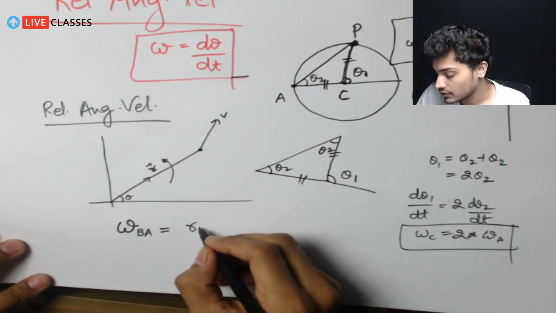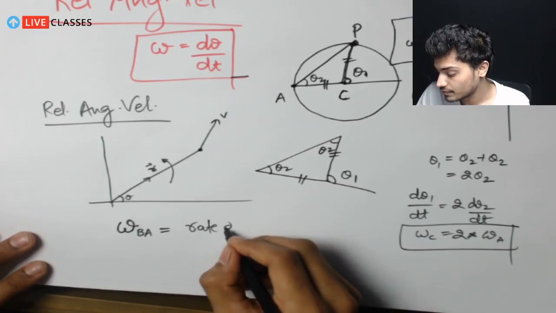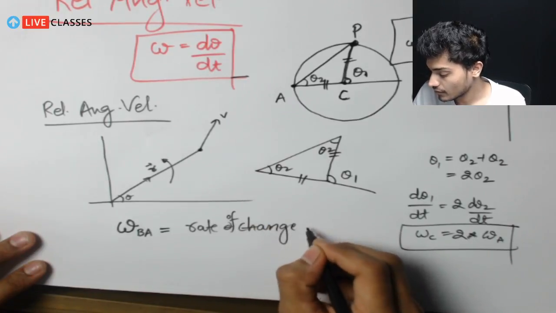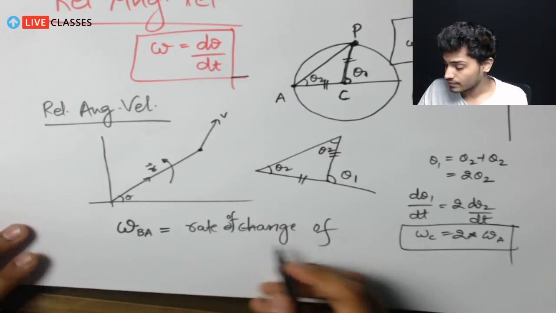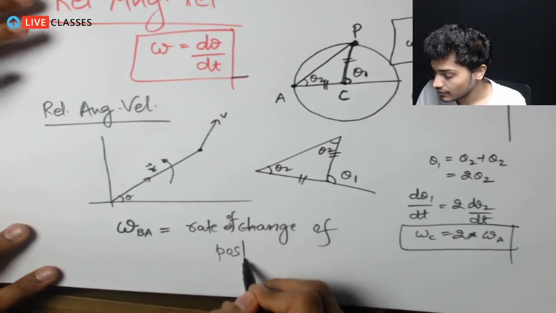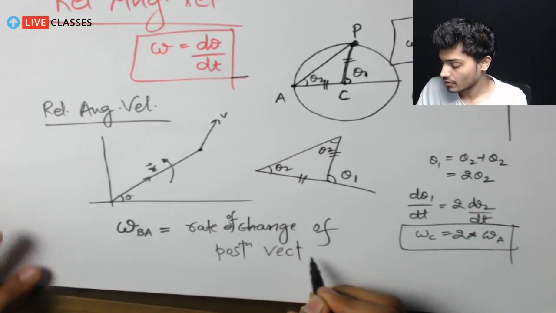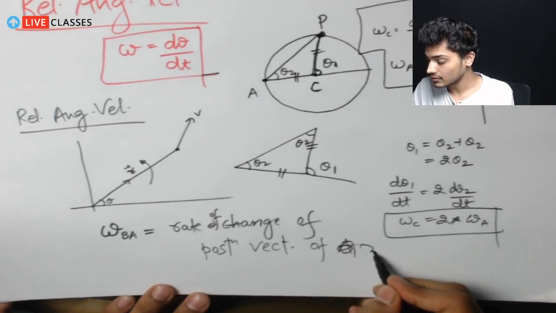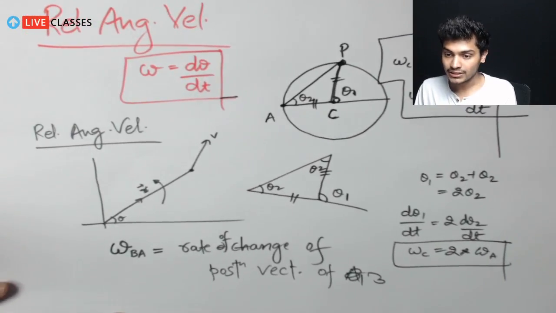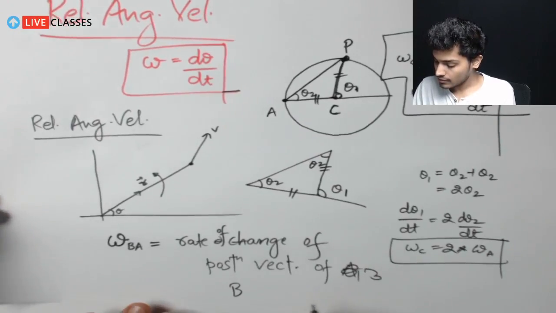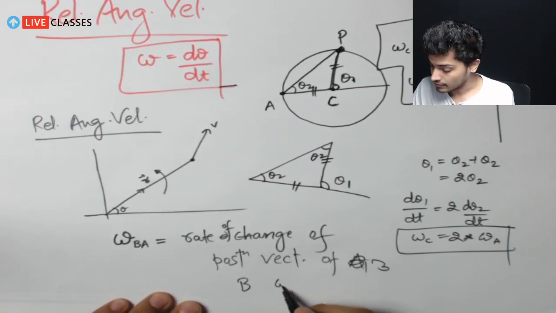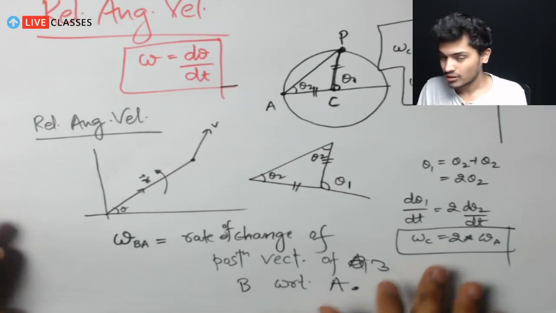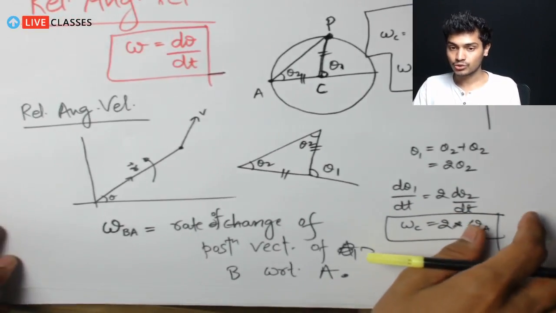Rate of change of position vector of B with respect to A.